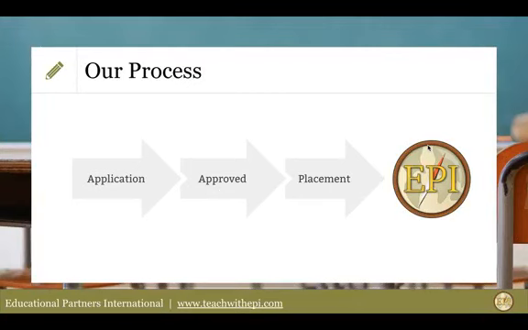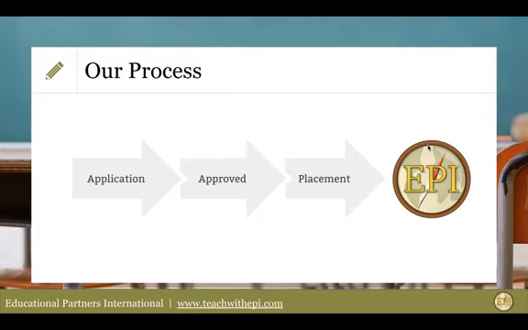Now that you have more of a background on who we are, it is important to understand EPI's process. Our process for bringing teachers like you to the United States looks like this. First, you complete an application so that we know you are eligible for our program and will be a strong candidate for cultural exchange.